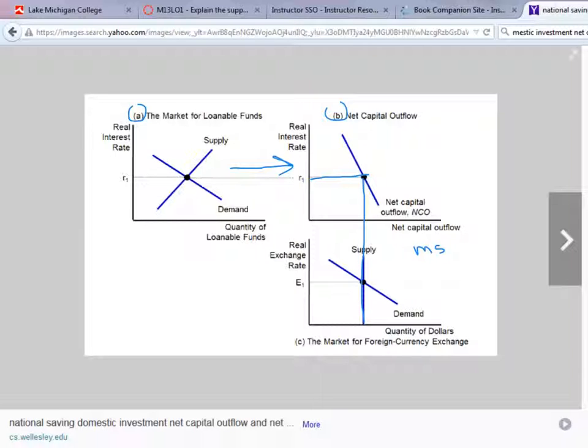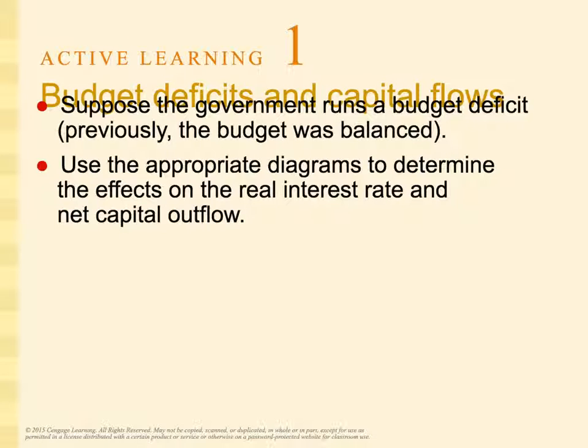The demand for US dollars is what we see here in panel C. And where the supply of US dollars intersects with the demand for US dollars, that becomes the real exchange rate. So let's go ahead and look at this process a little more in depth.